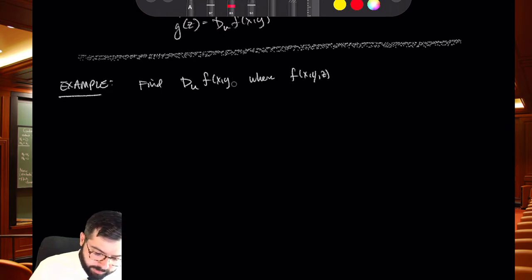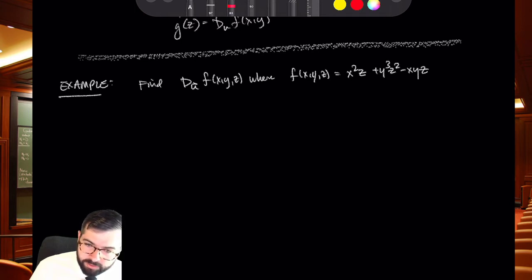We're going to do a three-dimensional one. Find the directional derivative in the direction of u for f of x, y, z, where f is given by this: x squared z plus y cubed z squared minus xyz.